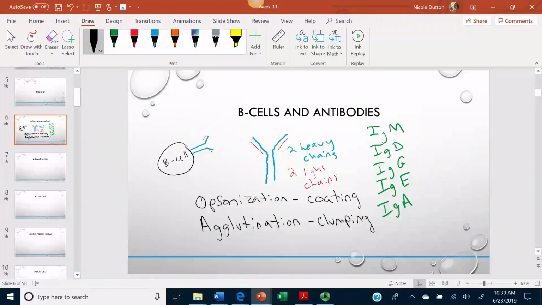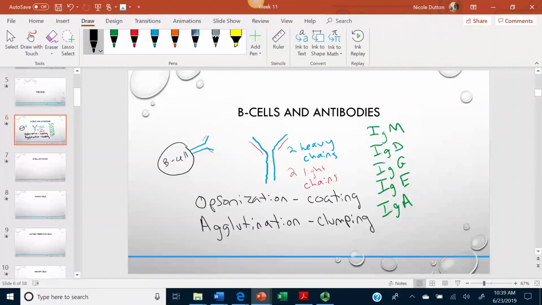Agglutination is clumping. If we put antibody on the surface of a microorganism, antibodies are sticky, so they like to stick to not only the microorganism, but also each other. Typically, your white blood cell would have to eat one bacterial cell at a time. It slowly eats one, phagocytizes it, eliminates the debris, and brings another one in, one by one.